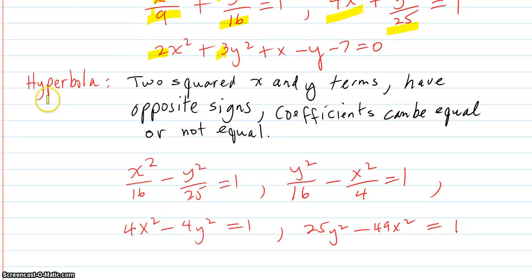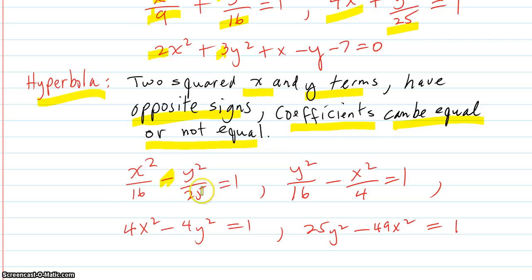And the last one, a hyperbola. Two squared x and y terms. They have opposite signs. The coefficients can be equal or not equal. It doesn't matter. But the main thing is that there's a subtraction between them. You know, one is positive and one's negative. So here you have the two squares. They're of opposite sign terms.